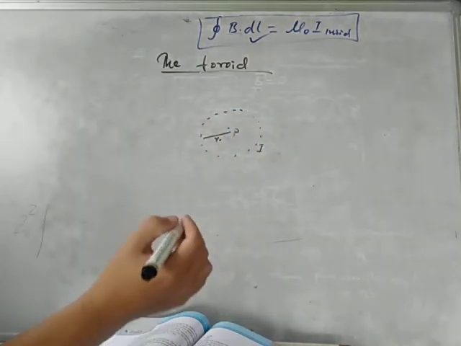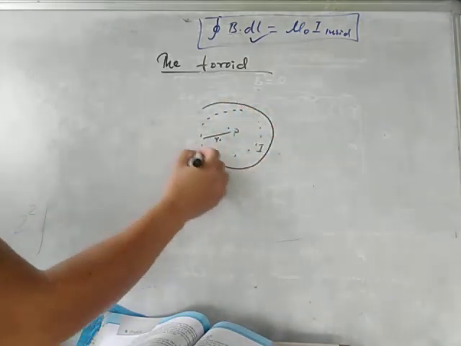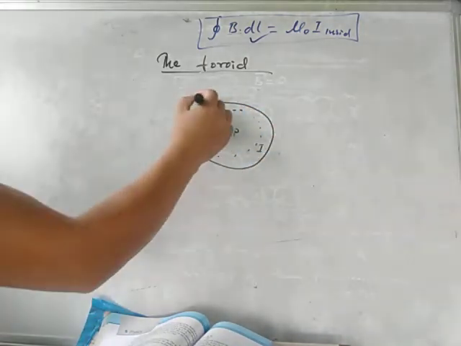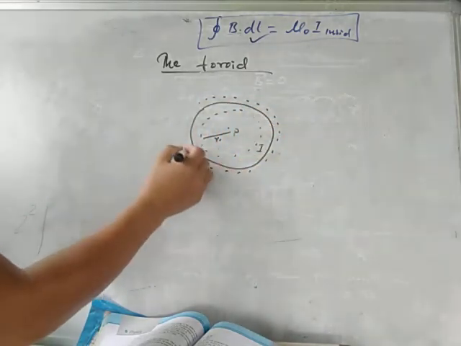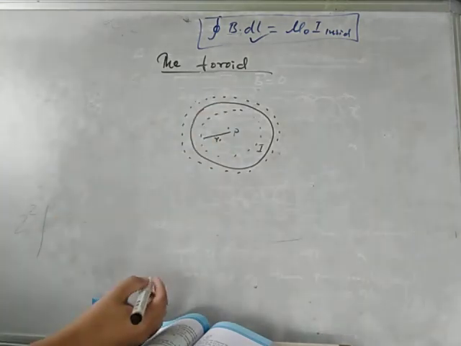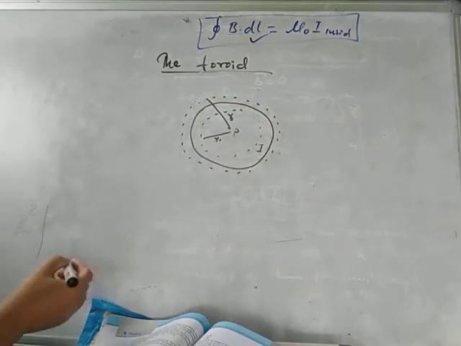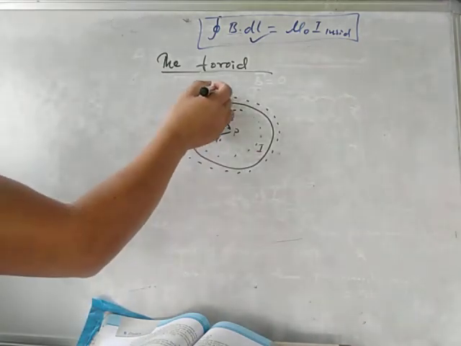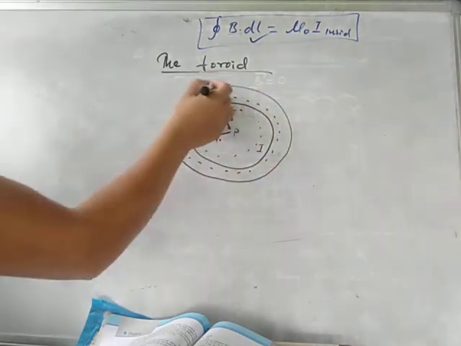This is part of the toroid, and this is your second loop, inside the toroid, with radius R, again part of the toroid.